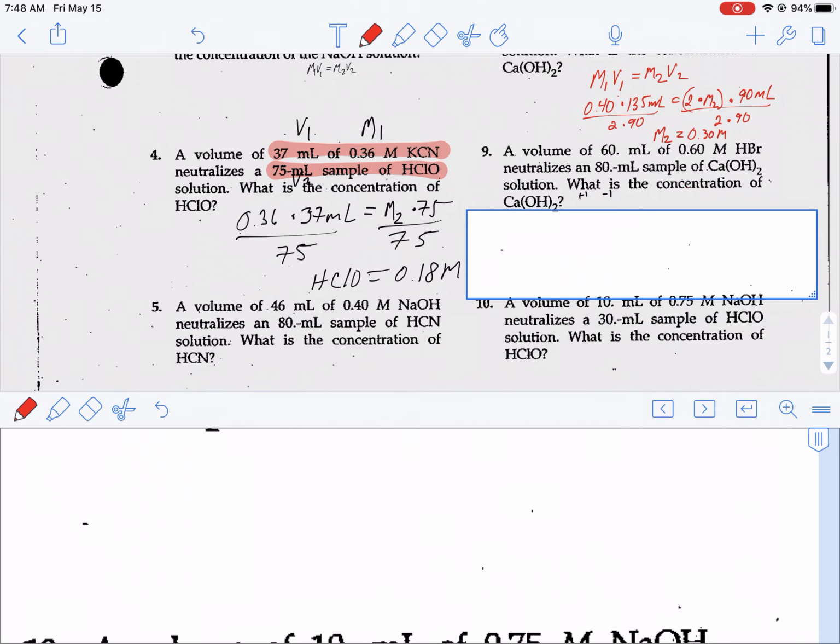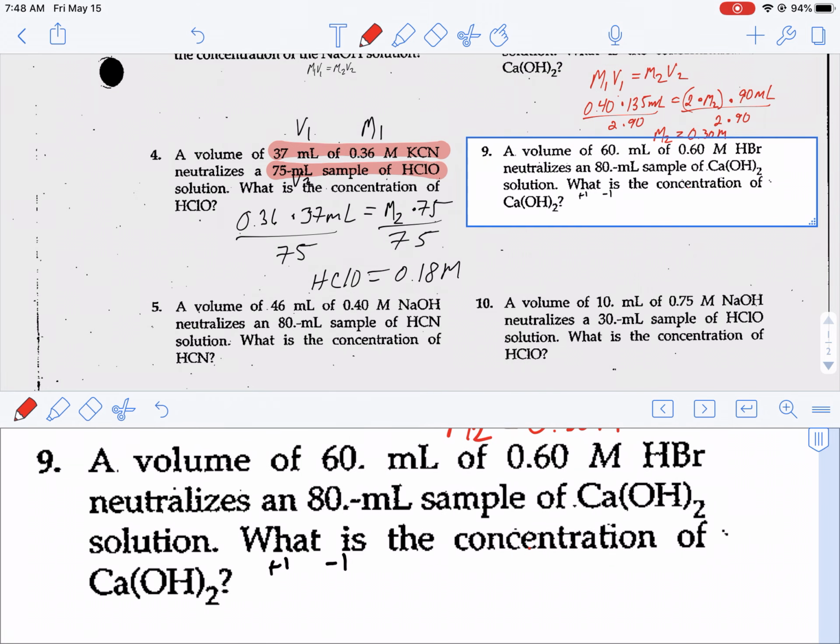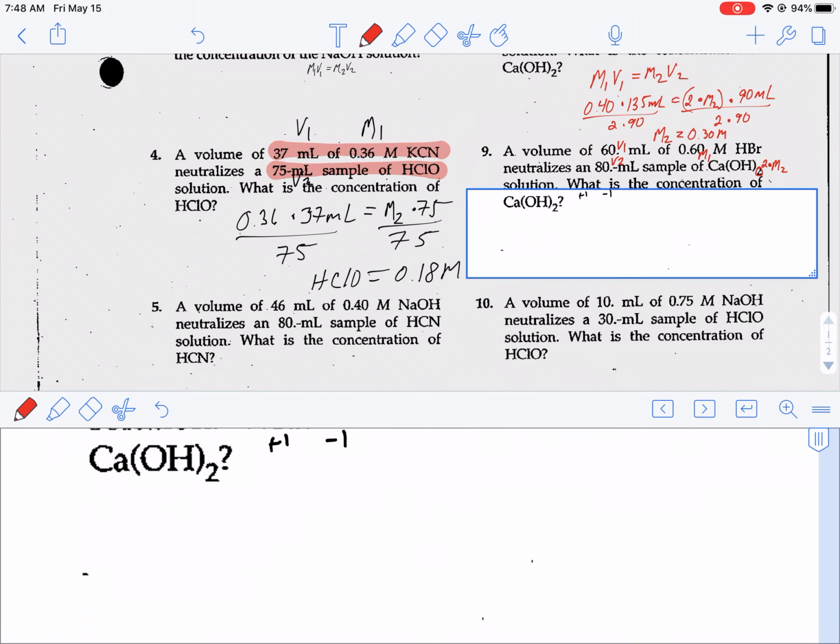Number 9 is the exact same thing. We're going to set it up just like we did. Here I've got a V1, here I've got an M1, here I've got a V2, and here I've got an M2, but because it's OH2, it's 2 times M2. So if I go ahead and set this up, I have M1V1 equaling M2V2.